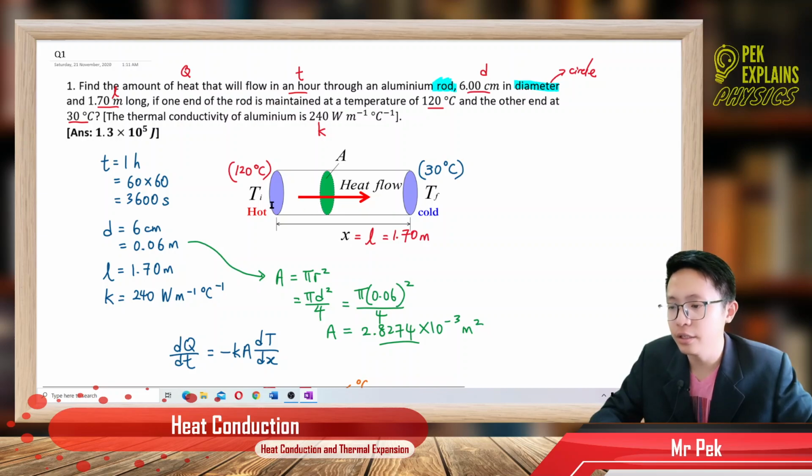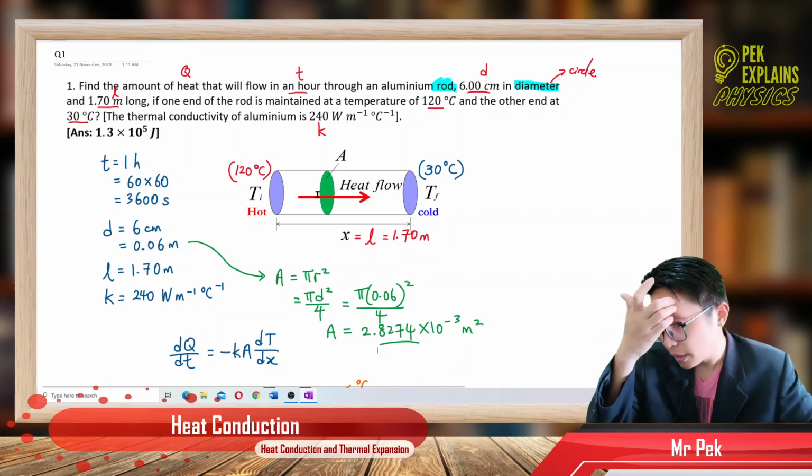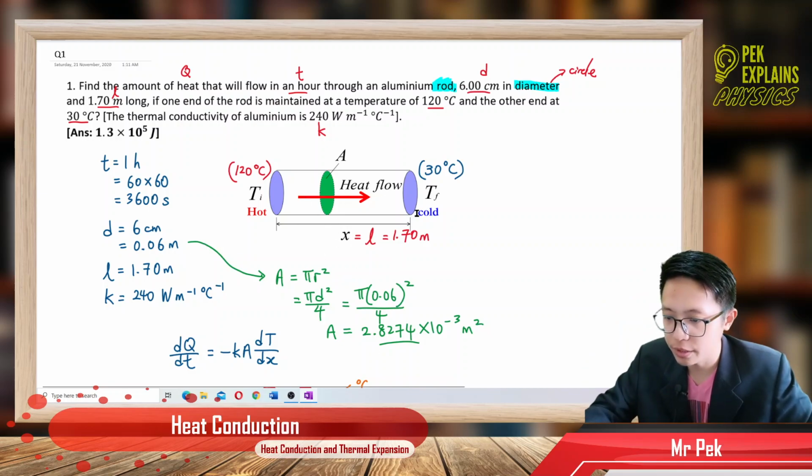So the initial temperature should be the hot, high temperature. So 120 degrees is the initial temperature because it is hot, and 30 degrees Celsius is the final temperature because it is cold. Remember the sequence. Don't invert.